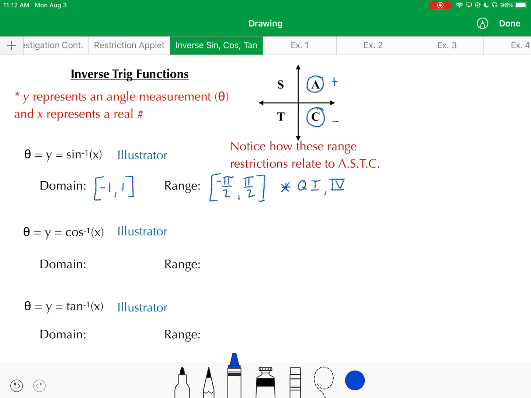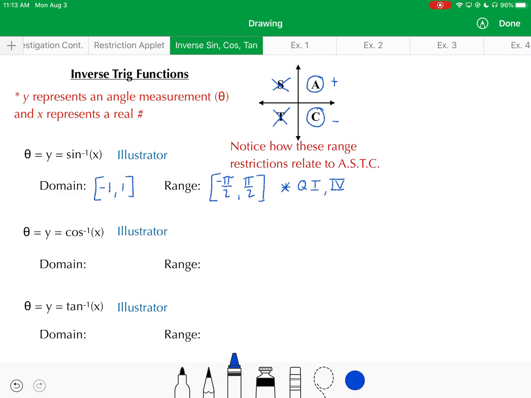So what you've done here is you've allowed for one quadrant where we're positive and one where we're negative, and then you've ruled out the other two quadrants where you're positive in the second quadrant and negative in the third quadrant, okay?